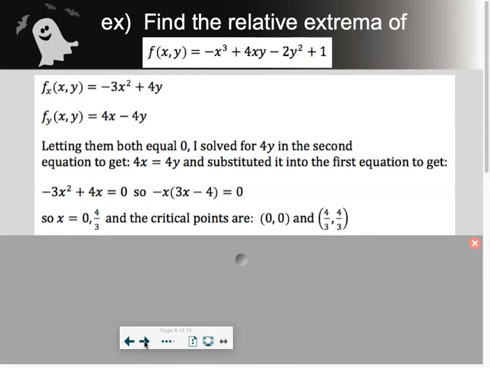So 0, 0, and 4 thirds, 4 thirds. Do you know why it's 0, 0? Because the x's you found were just x values, and then you need a place to plug them back in, and the easiest one was when you found the equation x equals y, because they have to satisfy all those.